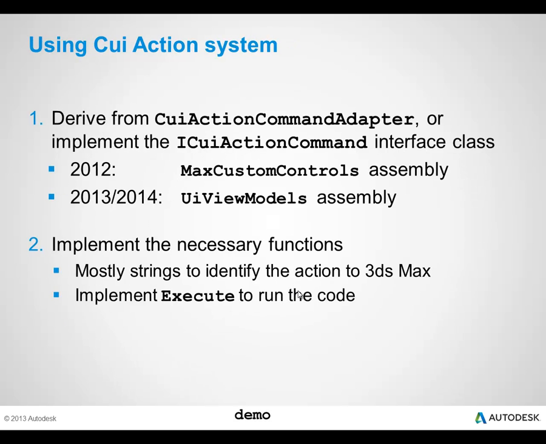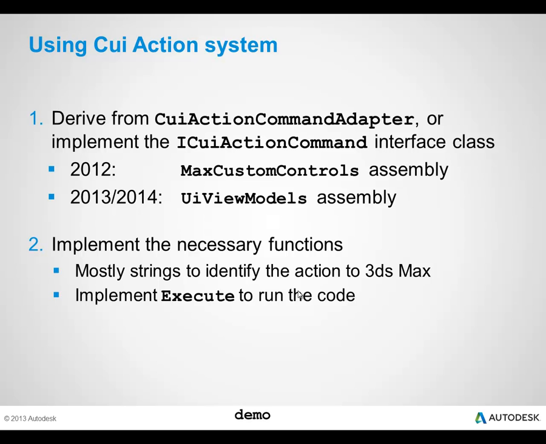So the first thing you're going to do to use the CUI is you're going to derive from this base class called CUI Action Command Adapter, or you can just simply implement the interface. Okay? Deriving from gives you, it's a little bit less work, so that's the approach I took. But if you want a really flexible one, you can implement this interface, and all you have to do is implement the minimum functions, and this will work as well.